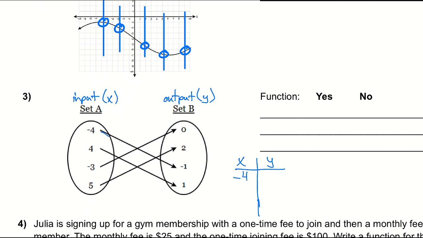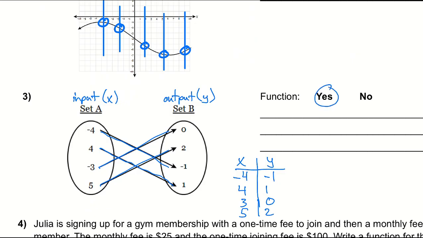So -4, you follow the line from -4 goes to -1. +4 goes to 1. -3 goes to 0. Whoops, wait a sec. +4 goes to 1. +3 goes to 0, and 5 goes to 2.